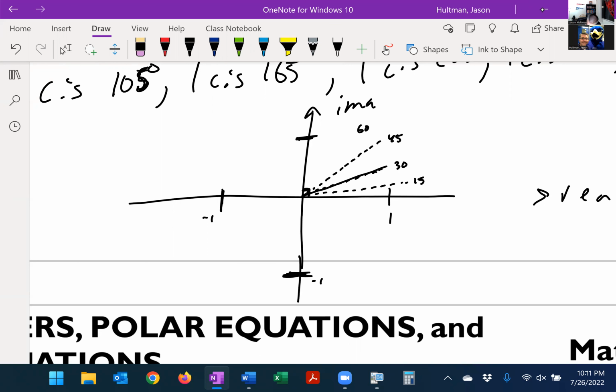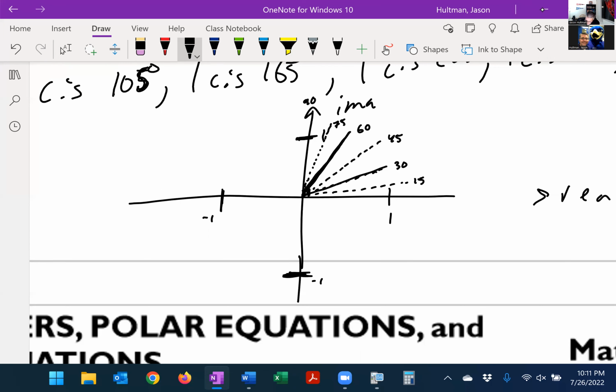And then what happens if I split this one in half? I get 60 plus 15, which is 75. And then I get 90.